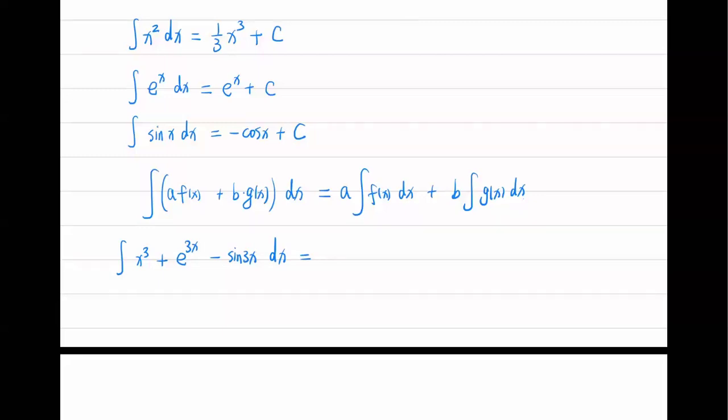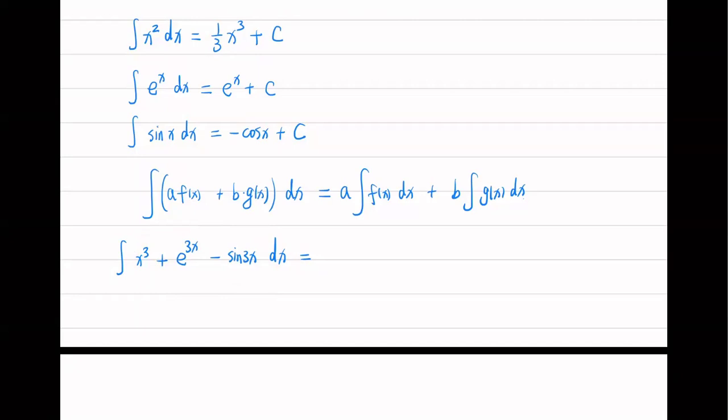Let's think about it. How do we find this one? Where do we start? The indefinite integral of these complicated functions. So first, yes, we will do that.